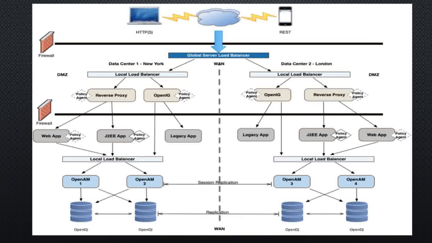And to add on to that, there's all the infrastructure around your website. So here's a screen grab that I got from an identity management solution. There's a global load balancer. So if you're coming from Europe, they want to automatically send you to the London data center. Whereas if you're coming from the Americas, you go to the New York data center. Then you have the reverse proxy that manages the sessions between your web application and other applications.